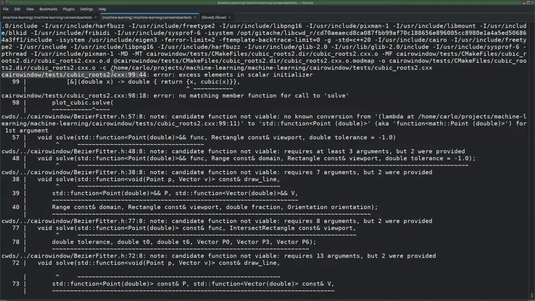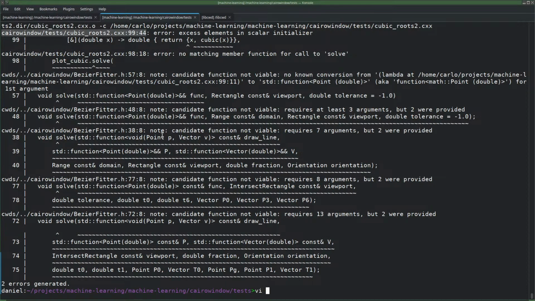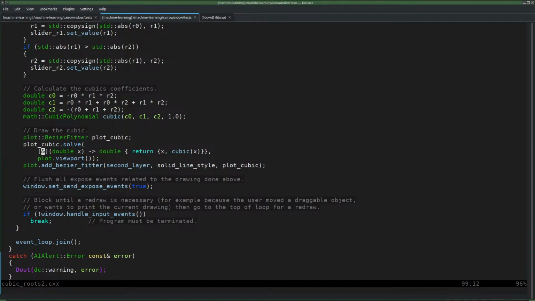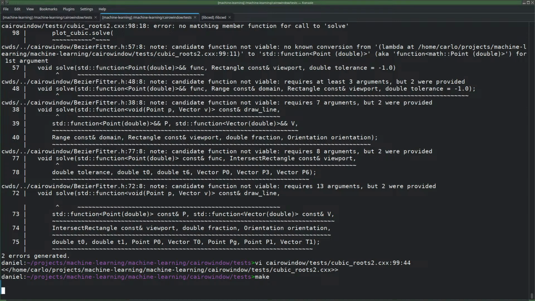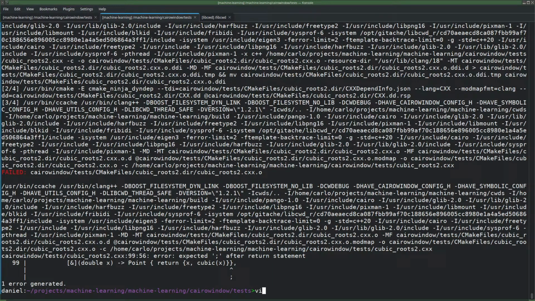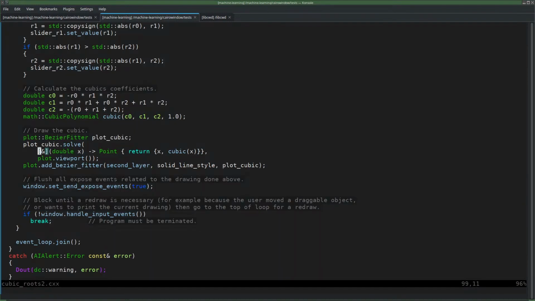Yeah, it is a point, not a double. I forgot. I knew I missed something.